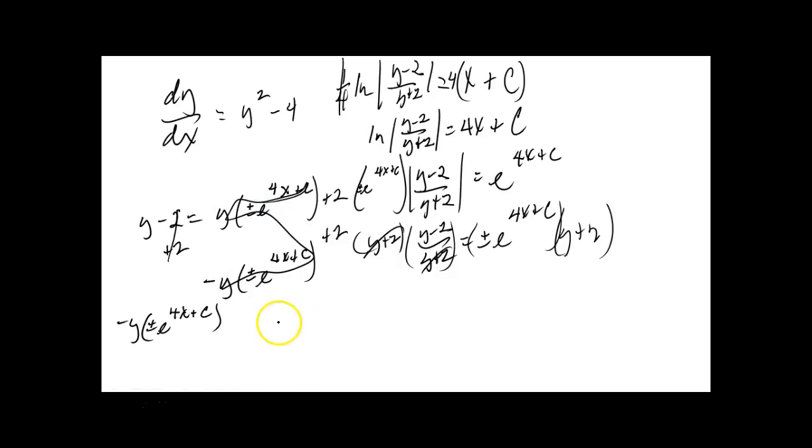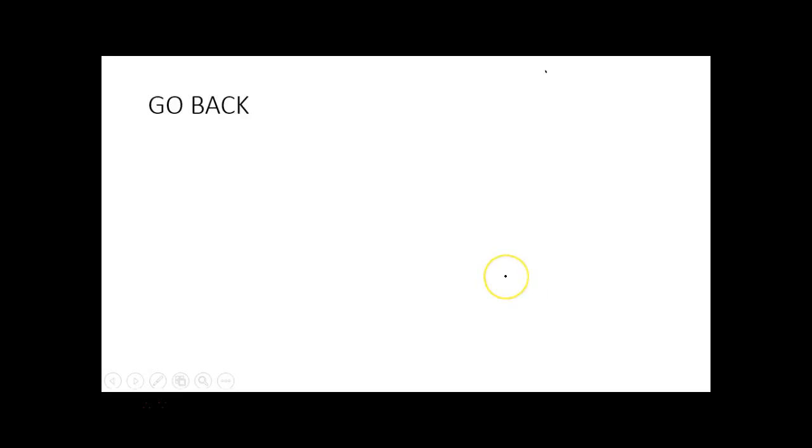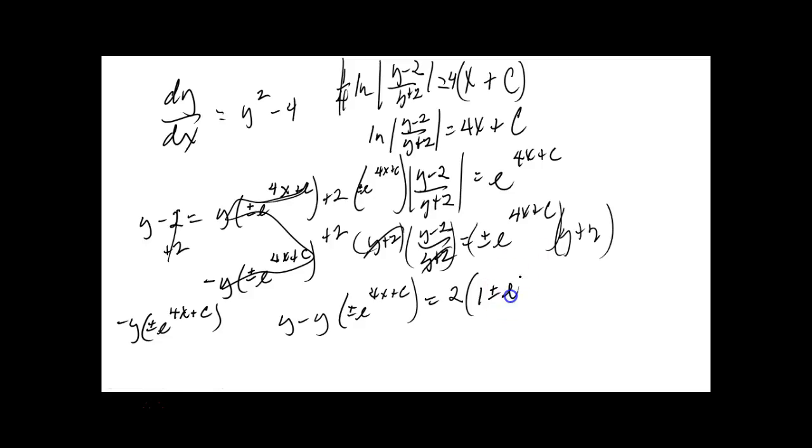So what we have now is y minus y times plus or minus e to the 4x plus c is equal to 2 times one plus or minus e to the 4x plus c. Okay?